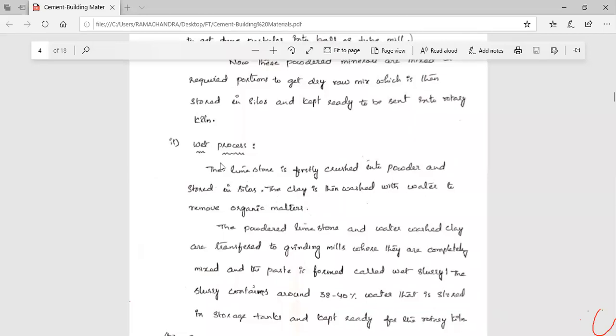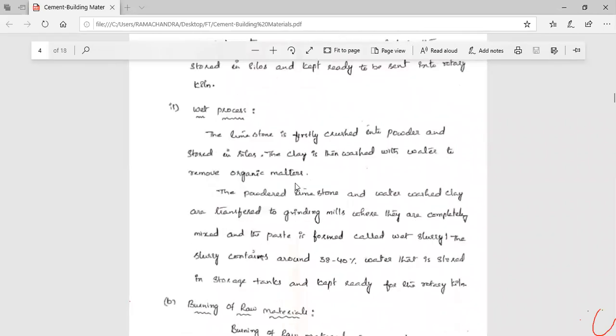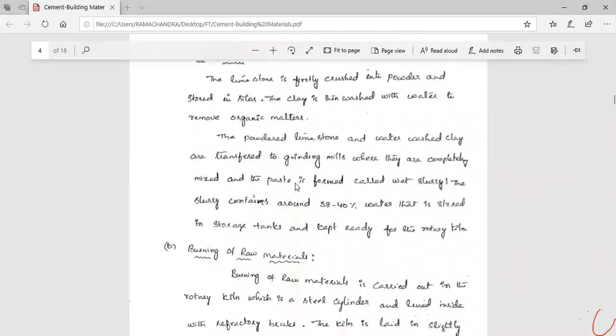Wet means we are using water, moisture. So firstly we prepare the limestone powder and store it in the silo. After that, we use the clay, which is washed with water to remove organic matter present in the clay.